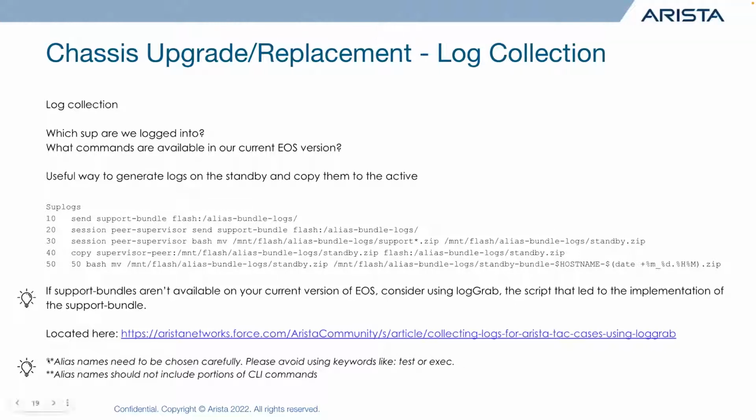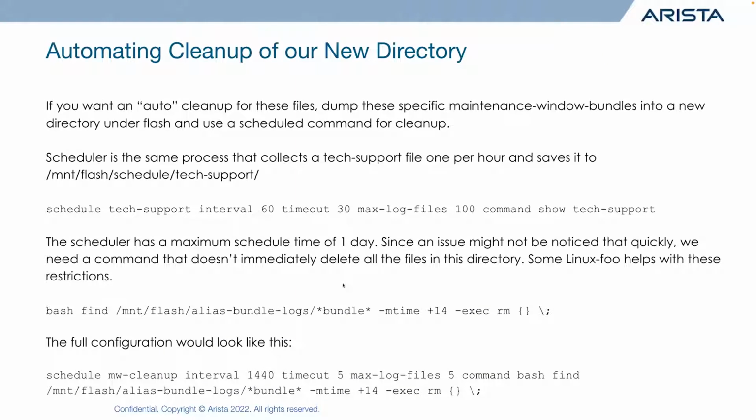And I'd recommend don't include CLI commands. Don't name your alias BGP. I give an example on that exact thing in just a little bit. Before I get there, we're still on logs. So, automating cleanup of this new directory. I like automating things. I like one command to get me all my data.